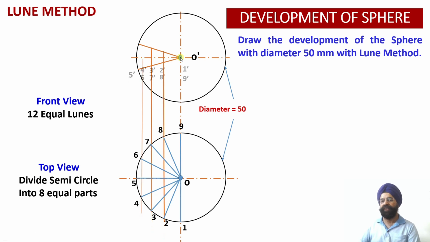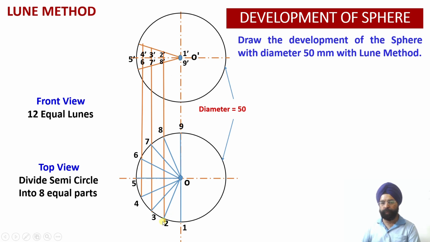So please check, once I draw the vertical projectors through all these points, the first points which I am going to observe corresponding to 1 and 9 will be 1 dash and 9 dash. So these are the points which are on the extreme sides of the diameter, which is over here, right? Which is perpendicular to this.